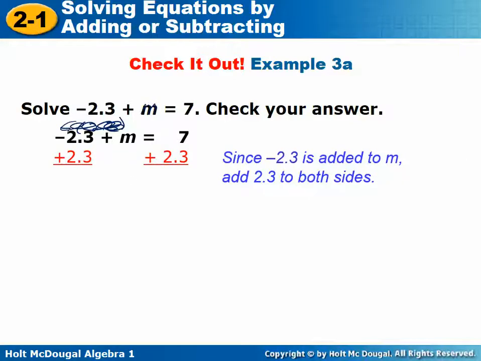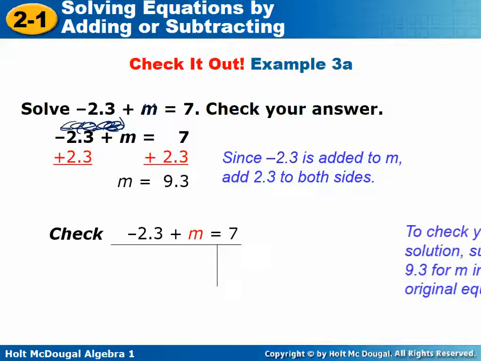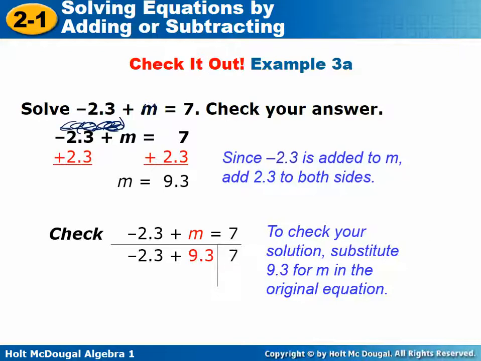The opposite of -2.3 is plus 2.3, because really what we're trying to do is undo this, and adding 2.3 will accomplish that. So we add 2.3 to both sides, and we get 9.3, and if you check it, you'll see that works. That does give us 7 for our solution.